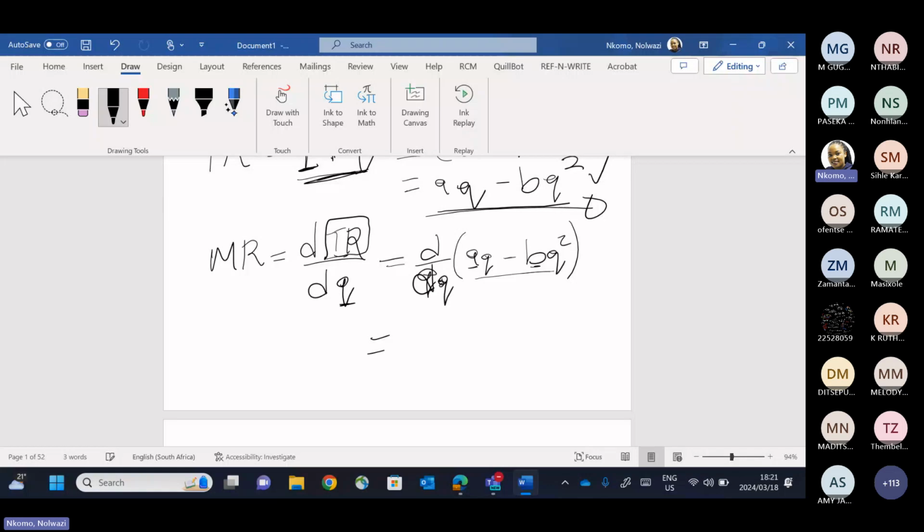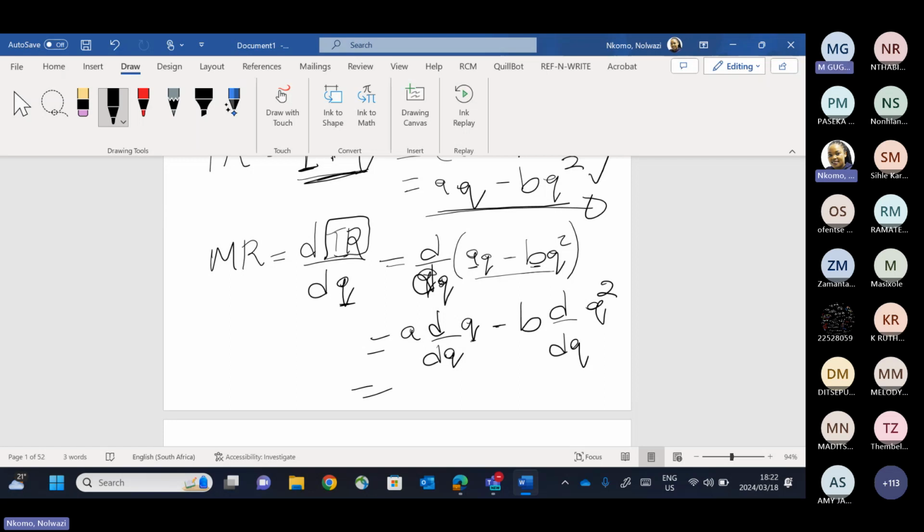Then you go back to the rules of differentiation and check which rule you can apply here. That's where our rules of differentiation come in. To differentiate Q with respect to Q, you use the power rule, the rule 1 of differentiation that I introduced.